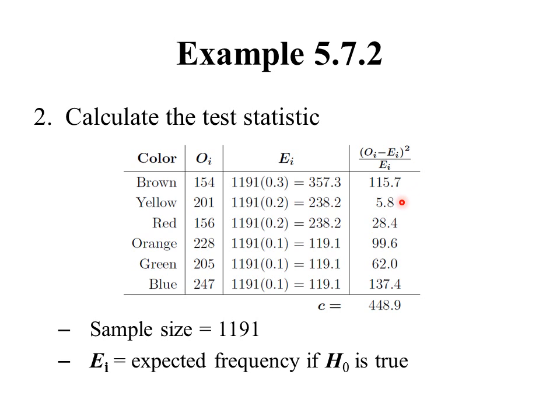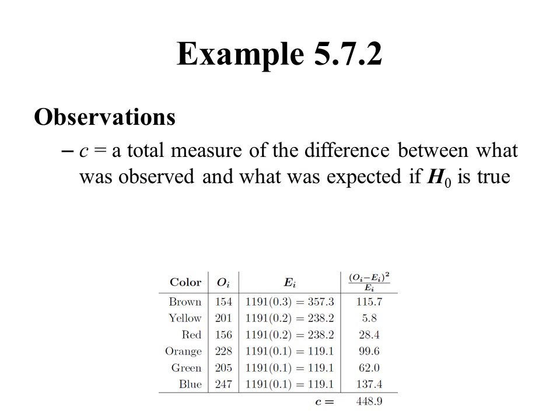We do that for each category, and that's what we have here. You can verify these calculations on your own. And then in the last step, we add up all these numbers. And so here's our test statistic, 448.9. We're going to call that test statistic C. So that's all there is to calculating the test statistic.